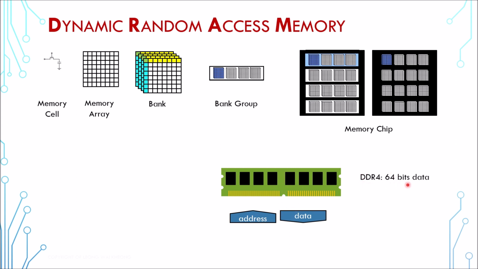DDR4 accesses data in 64 bits chunk, and DDR5 accesses data in 32 bits, and both LP4 and LP5 access data in 16 bits. Let's concentrate on DDR5. As you can see, DDR5 accesses data in 32 bits, but if you look at the bank, in this case, it only handles 4 bits of data. So how does DDR5 DIMM handle 32 bits of data?